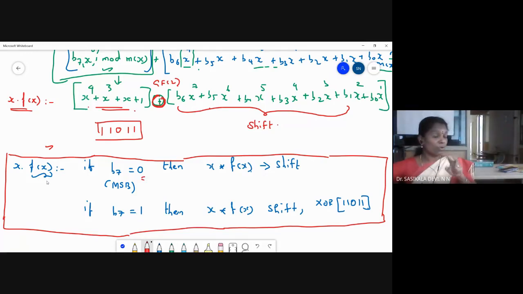If the most significant bit is 1, then do the shifting followed by a simple XOR. This is the simplification of x into f of x. In a similar manner, we can derive the simplification for x squared into f of x, x cube into f of x, x power 4 into f of x. Before getting into x squared into f of x, let's go for an example here.